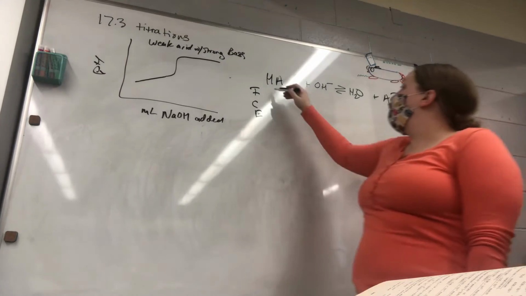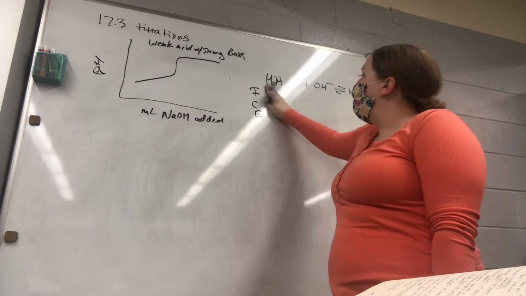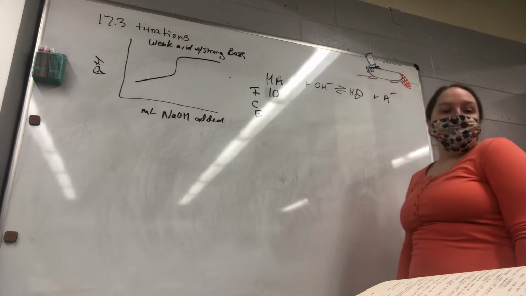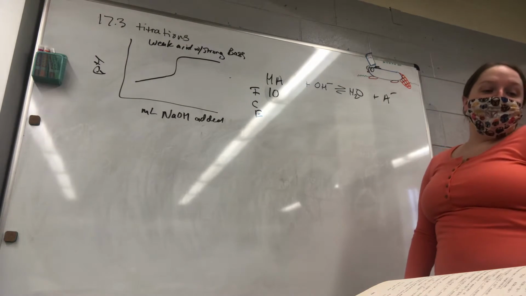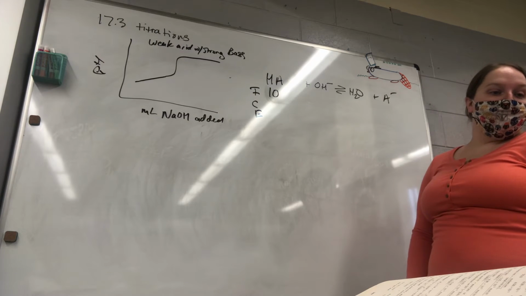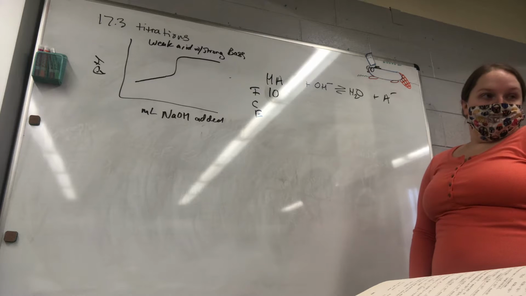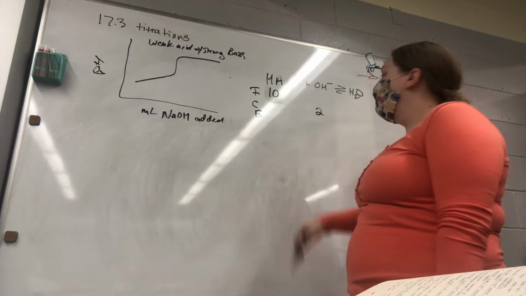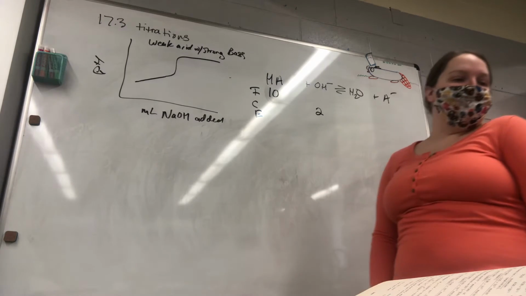Let's say we start with, I'm going to use easy numbers if that's okay, 10 moles of HA. We add, how many moles do you want to add of the OH minus? Let's go with 2. 2 moles of OH minus.